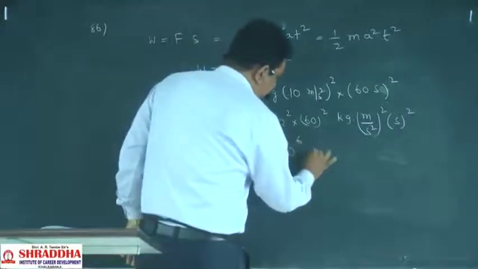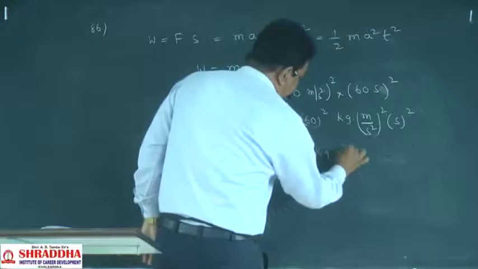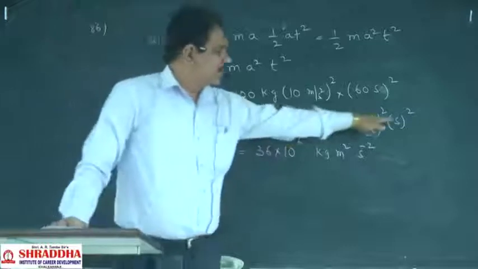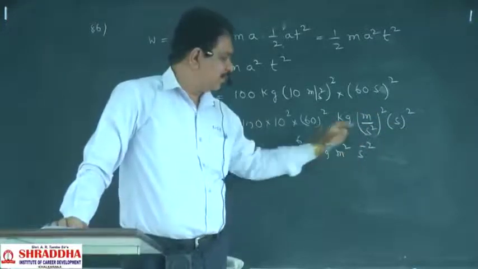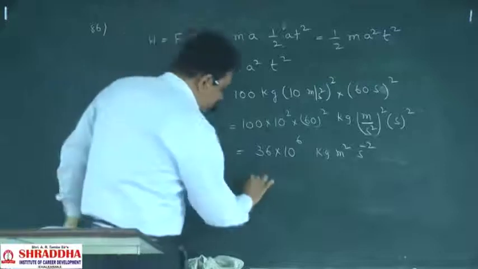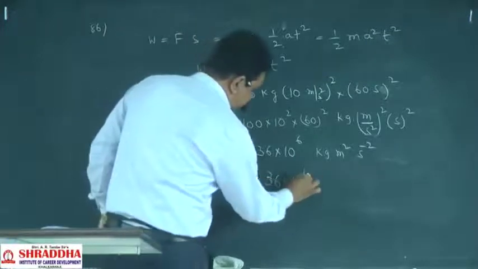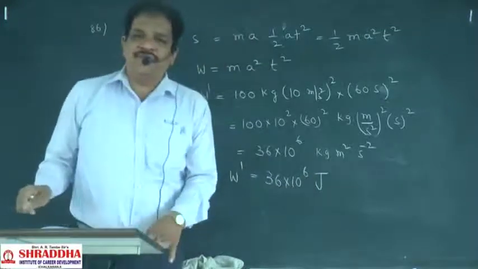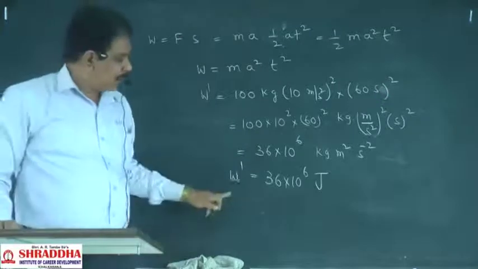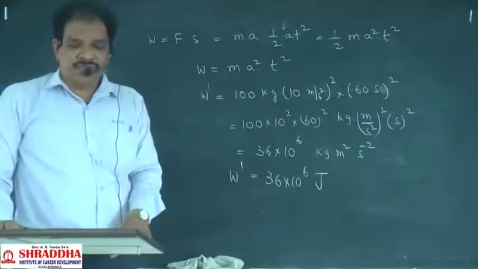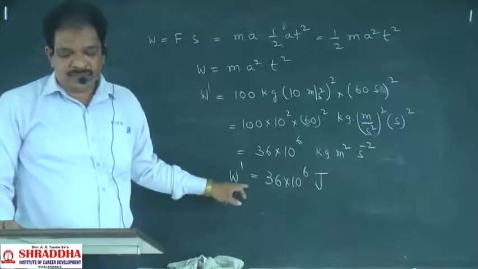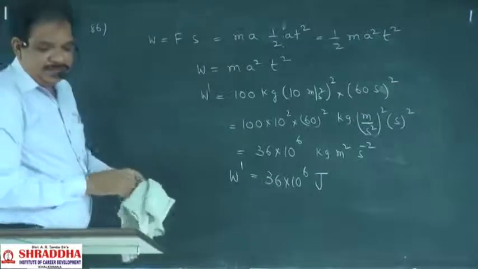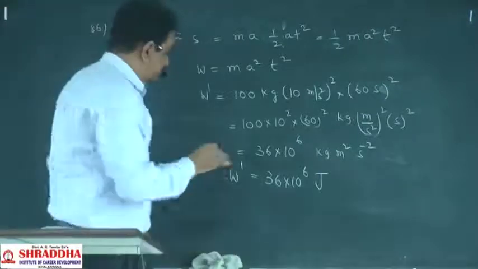This entire value kg meter square second power minus 2 will come. So this value 36 into 10 power 6 joule. So that is the new unit of work in joule, 36 into 10 power 6 joule. You have to do in that format. Clear? Next. So 86, it will be D.